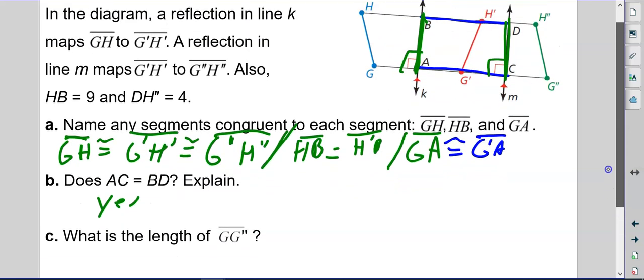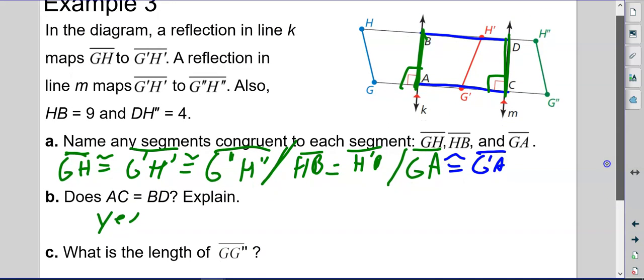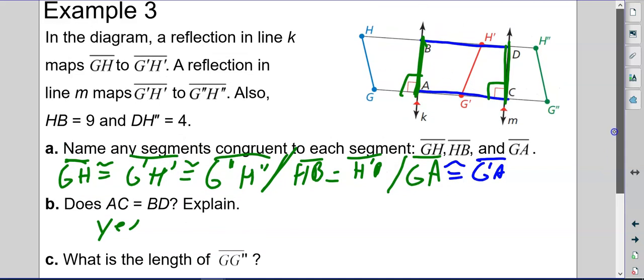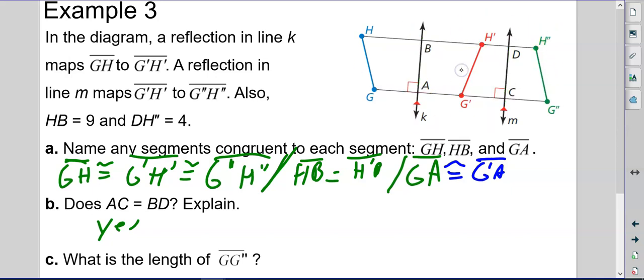And what is the length of GG double prime? Okay, well, let's see what we got here. We established earlier that this was 9, this was 9, this was 4, and this was 4.